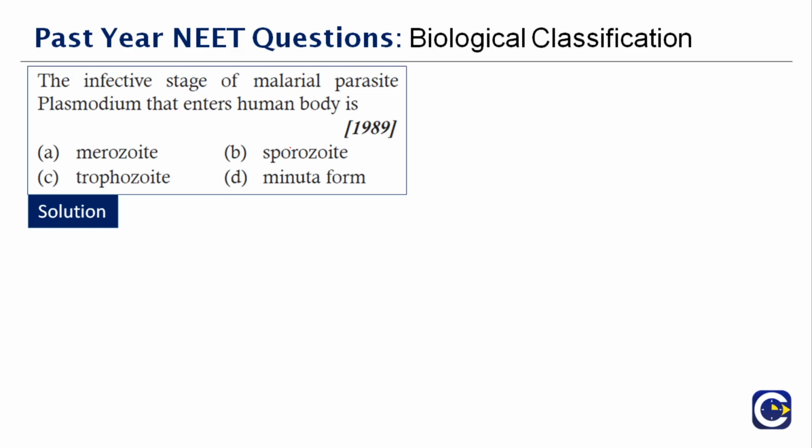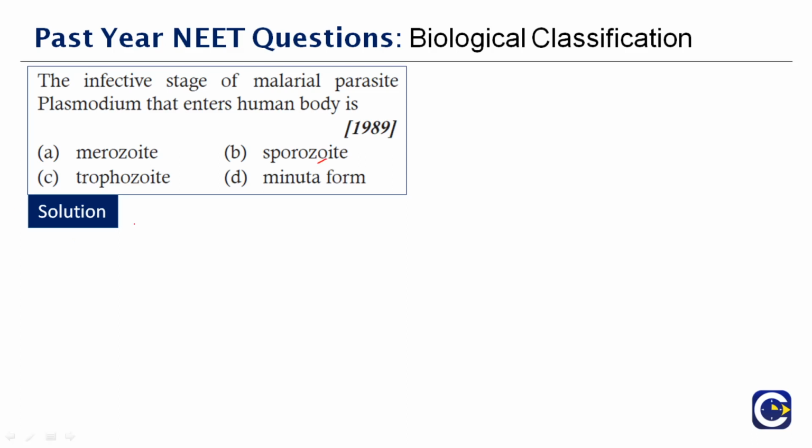This last question is also repetitive. The malarial parasite does not have any flagella system or mode of transport. Their infective stage is the spore, and their reproduction is also in the form of spores. Therefore, the infective stage of Plasmodium which enters the human body is the sporozoite.